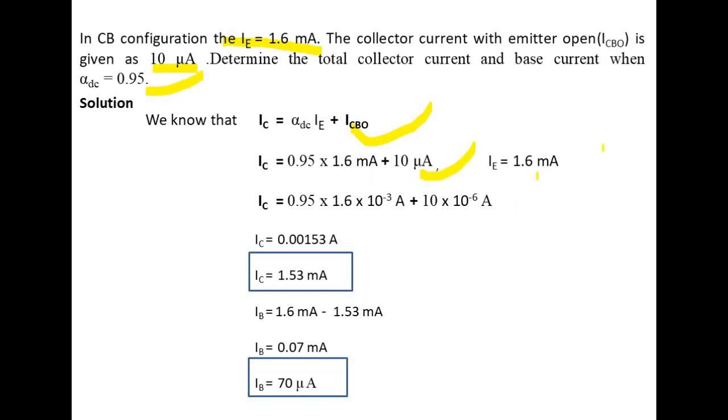IE is given as 1.6 milliampere. So IC is equal to 0.95 into 1.6 into 10 to the power minus 3 ampere plus 10 into 10 to the power minus 6 ampere. After calculation, we have got IC as 1.53 milliampere. So IB will be equal to IE minus IC. So we have got IB as 70 microampere.